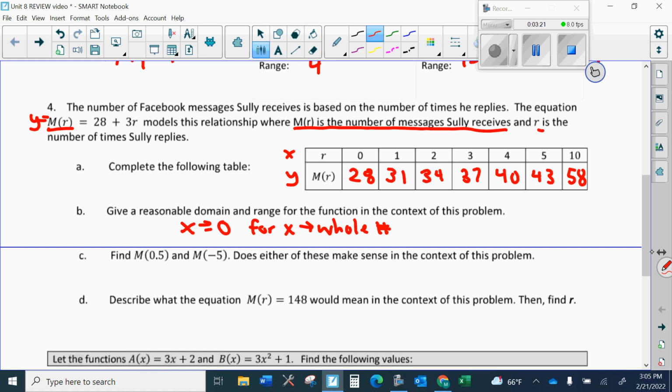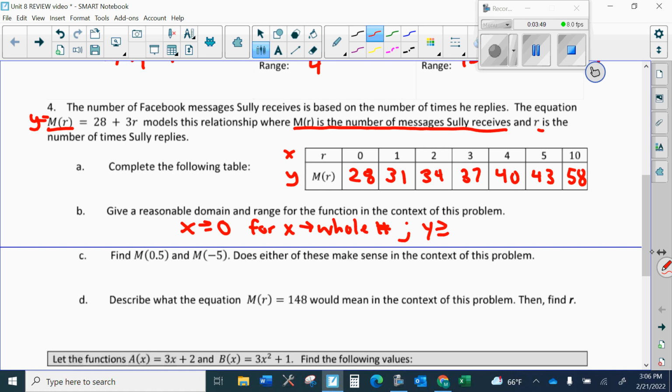Range, the smallest one would be, well, he's not going to have 28, right? If he's got none. M of R is the number of messages he receives. Okay, so he could have 28, and he'd have no replies.